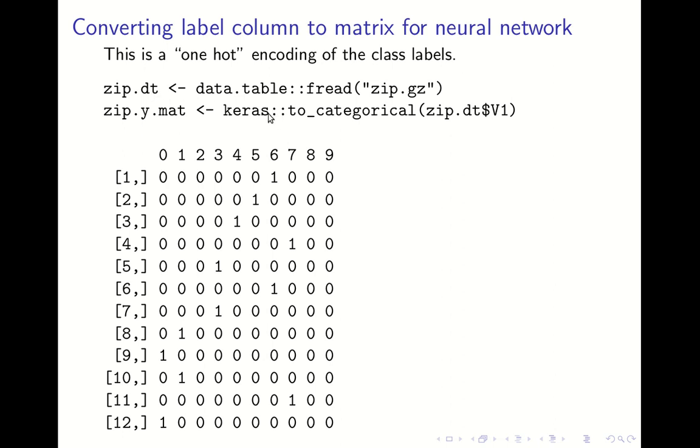Then we can call this keras::to_categorical function on that first column, zip.dt$V1, that means the first column of that data table. We store that in this zip.y.mat object, which is going to look something like this. So these two functions handle that conversion for us.